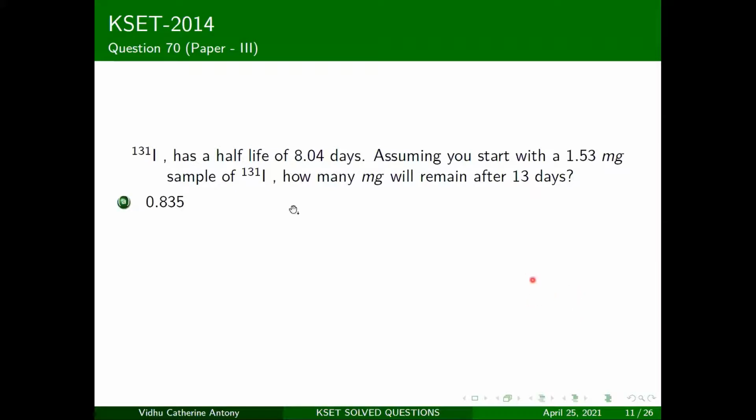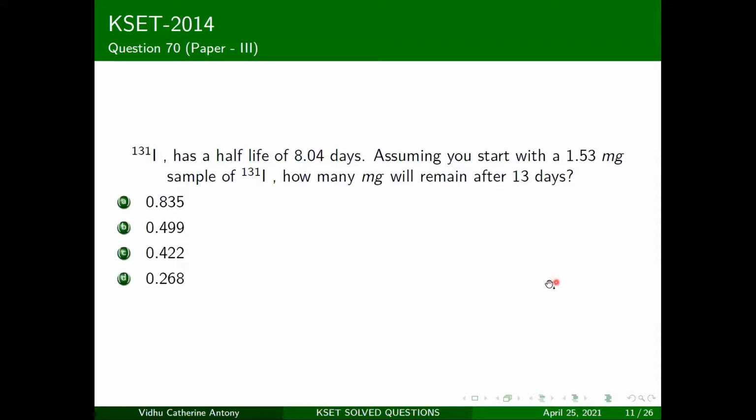This particular isotope of iodine has a half-life of about 8.04 days. Assuming you start with about 1.35 milligrams of the sample, how many milligrams will remain after 13 days? These are the different options that are given to you.